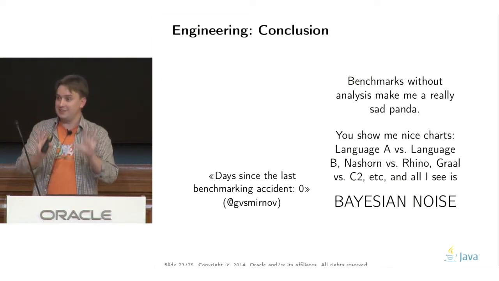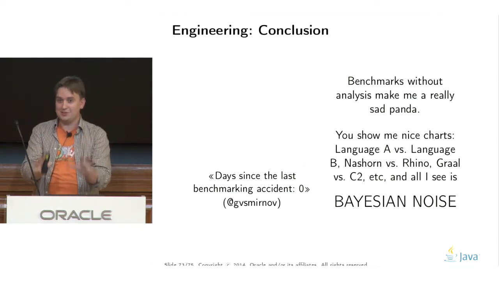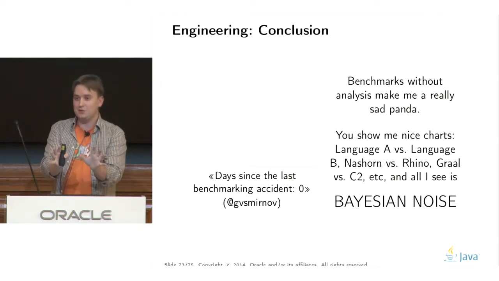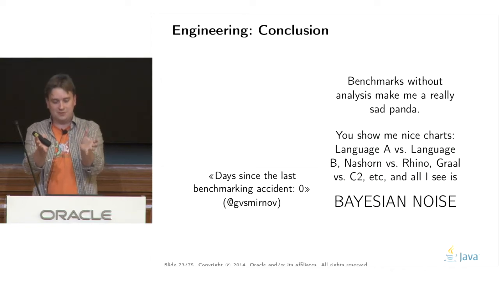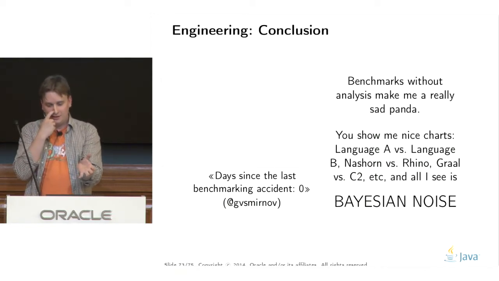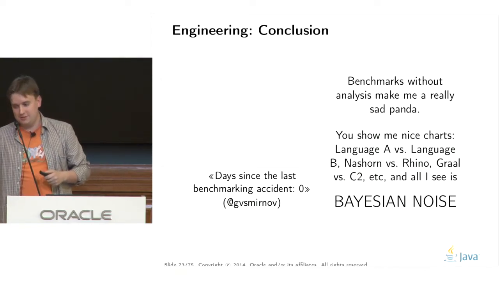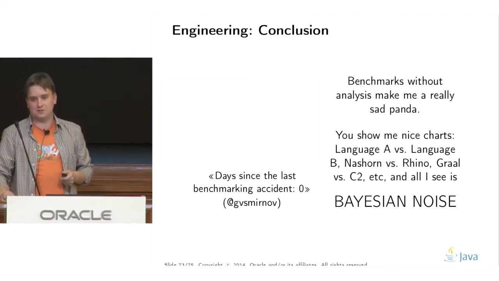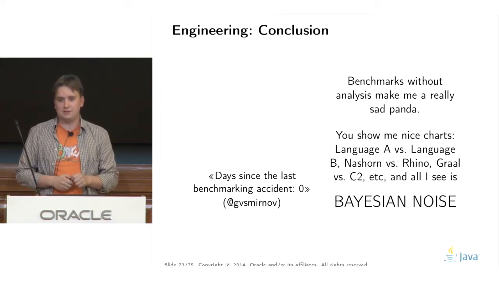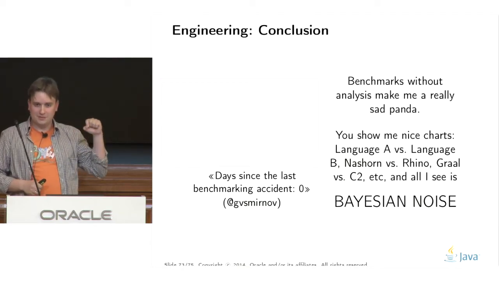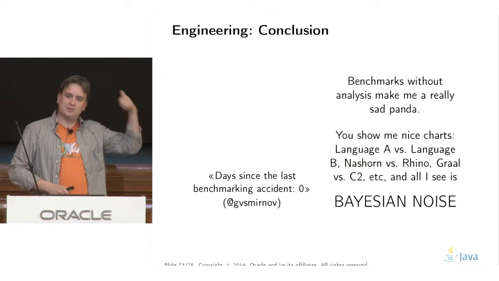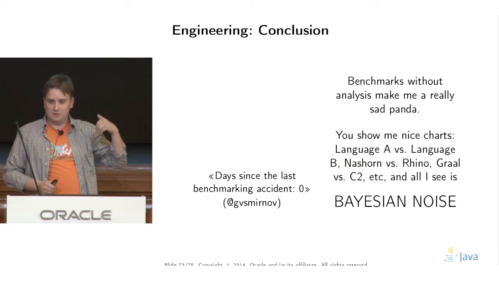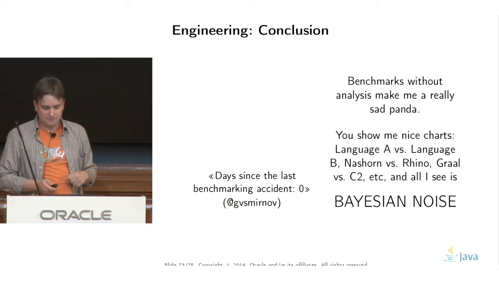I mean, there is data in there, and these charts really mean something. It's just you don't know what that data actually means unless you dive in there and see why this particular implementation is faster in this particular case. Is it really because of some tiny detail like we did with Scala? Is that comparison really fair?